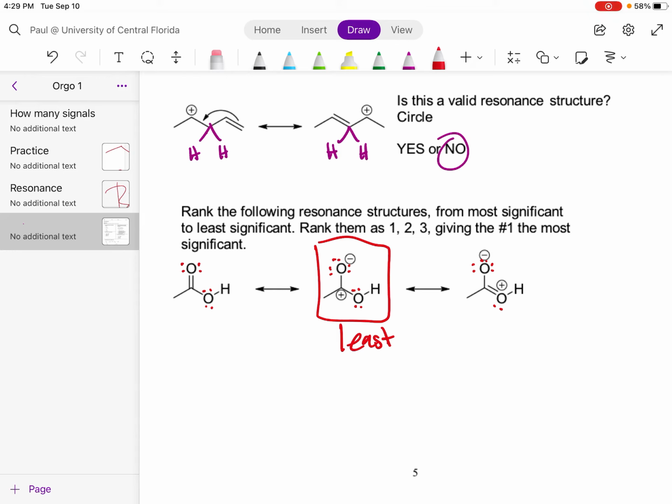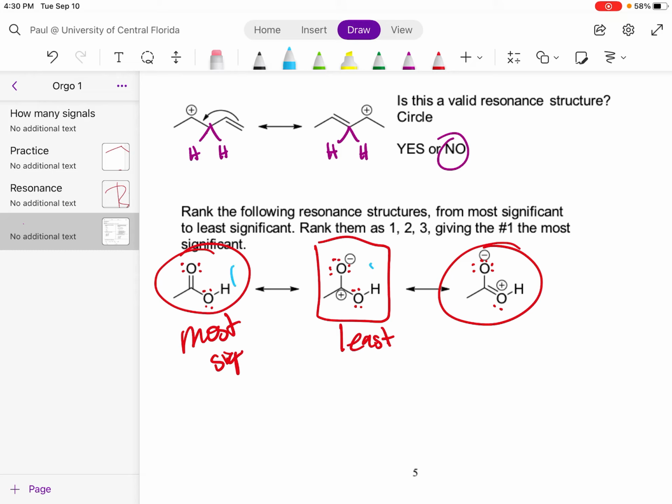Rule number 2 states the structure with the least amount of formal charges will be the major contributor. So this one on the left has 0 formal charges, this one has 2. So that makes that guy the most significant out of the bunch. So if we numbered these 1, 2, 3, the most significant would be 1, then 3, and then 2.